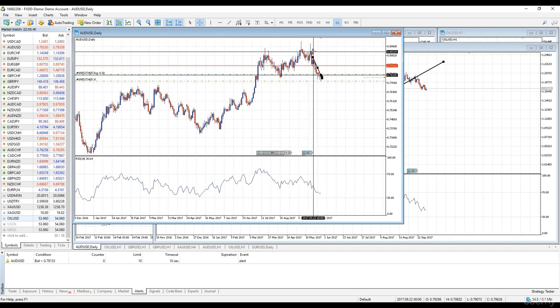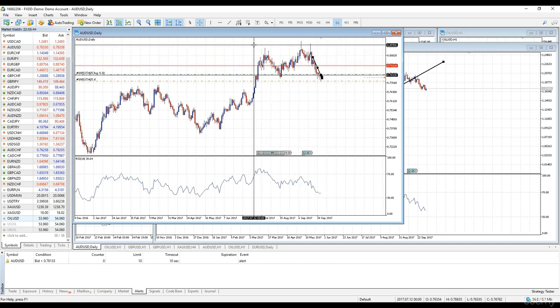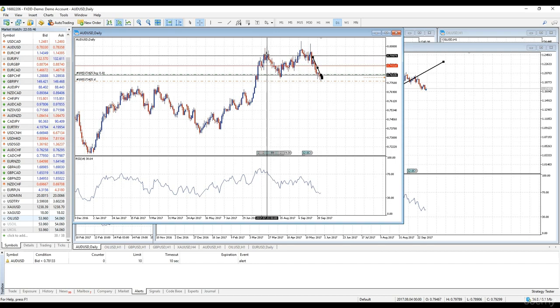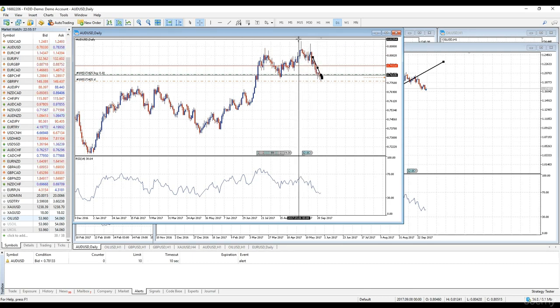So when it comes to swing trading, your risk needs to be a little bit more. If you're holding on to positions longer than a day, swing trading can last anywhere up to a few weeks. That's typical swing trading.